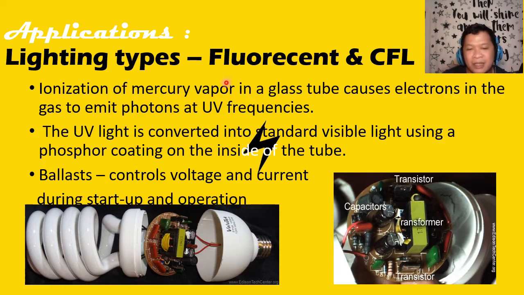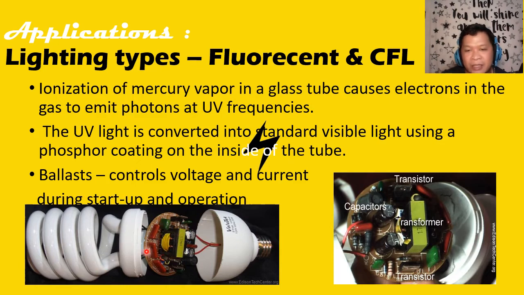So, hindi siya basta-basta dapat tinatapon pag napundi kasi may kaunting mercury sa loob yan ng glass tube. And it is ionized and causes electrons to emit photons at UV frequencies. So, kaya kino-coat din yung loob ng bulb para yung mga UV frequency na yon ay maging visible. Okay? So, phosphor coating yung gamit dun sa loob ng tube.